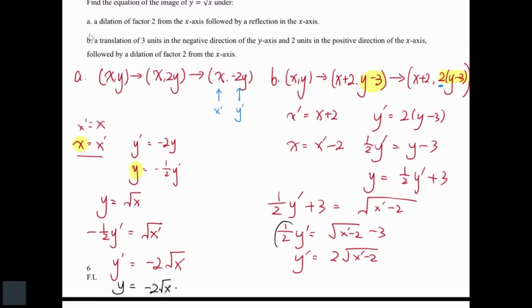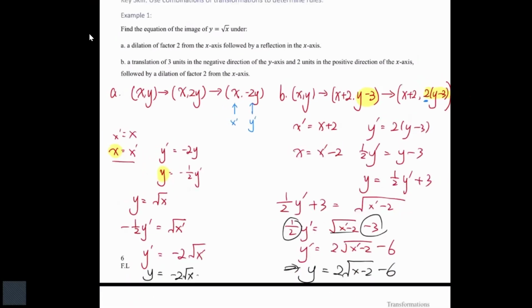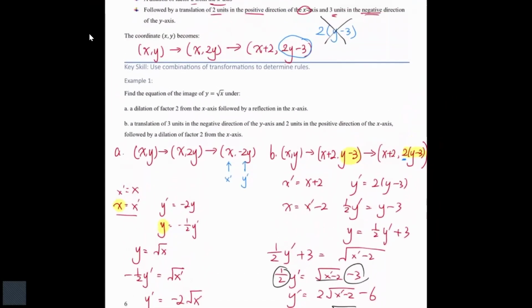Notice that here, we times everything by 2. So this is negative 6, negative 6. And we can write the end result. y equals 2 times the square root of (x minus 2) minus 6. This is my solution.